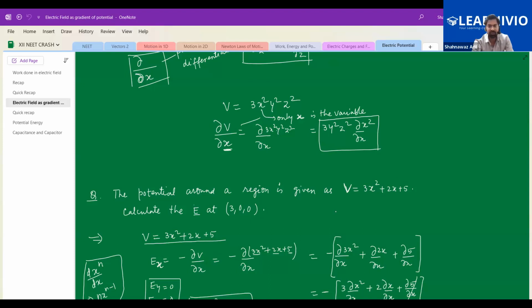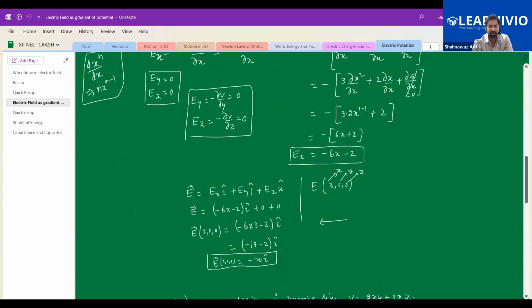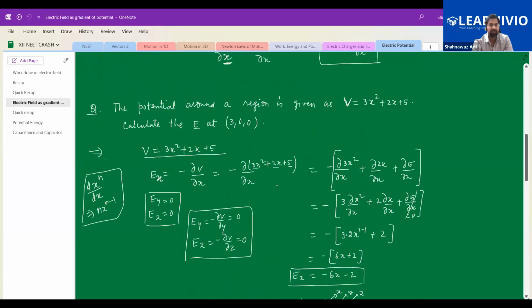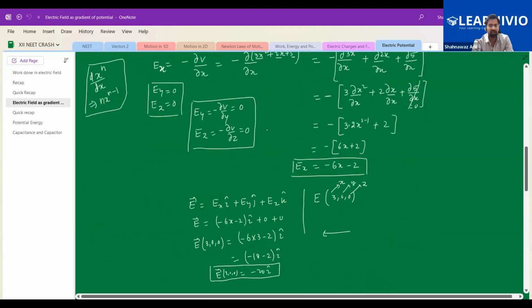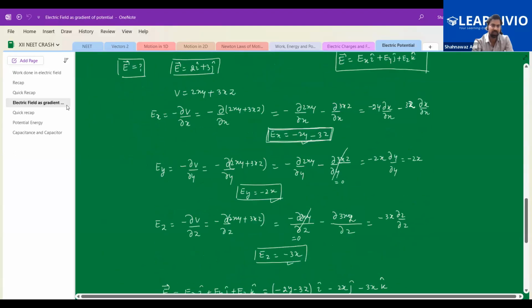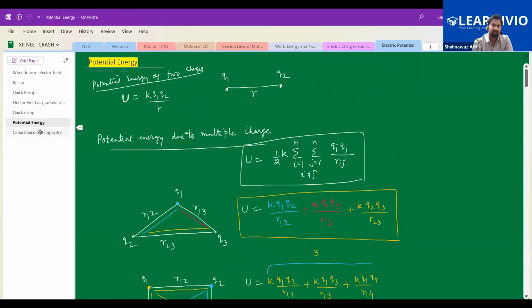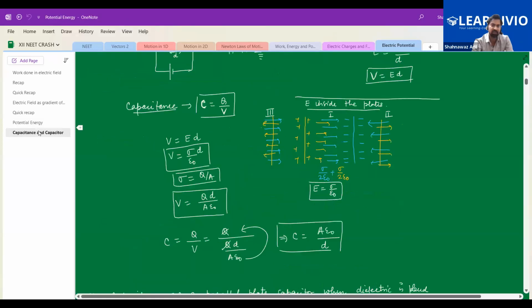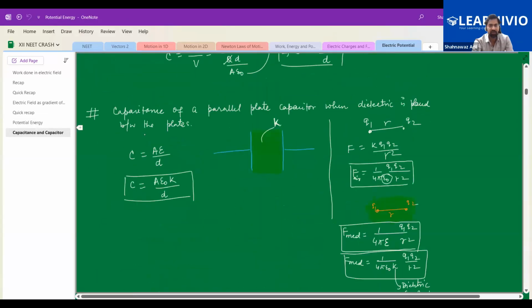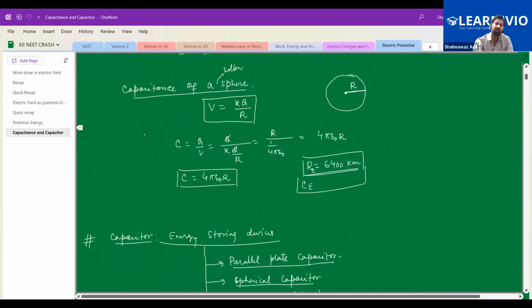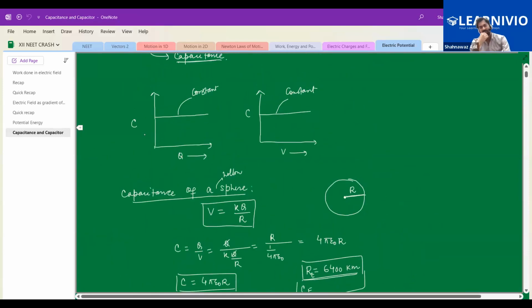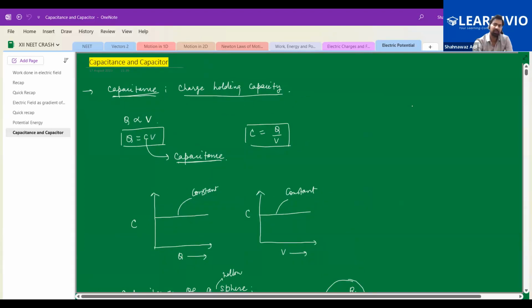And then you just calculate the electric field. All these questions we'll talk about in the next class. We have potential energy and capacitor, that is the only thing remaining. I will quickly finish these two topics, and I will start electric current in the next class.